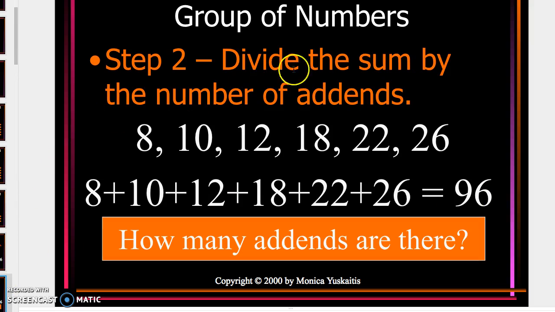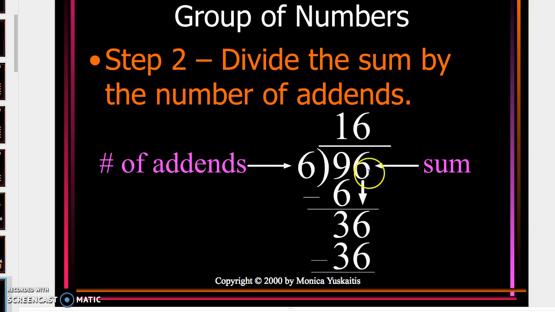And then you're going to divide by the number of addends. Remember, addends are the numbers I'm adding together. How many are there? 1, 2, 3, 4, 5, 6. I'm adding together 6 numbers, so there are 6 addends. So I take 96, my sum, and I divide by the number of addends, 6. 96 divided by 6, I get 16.